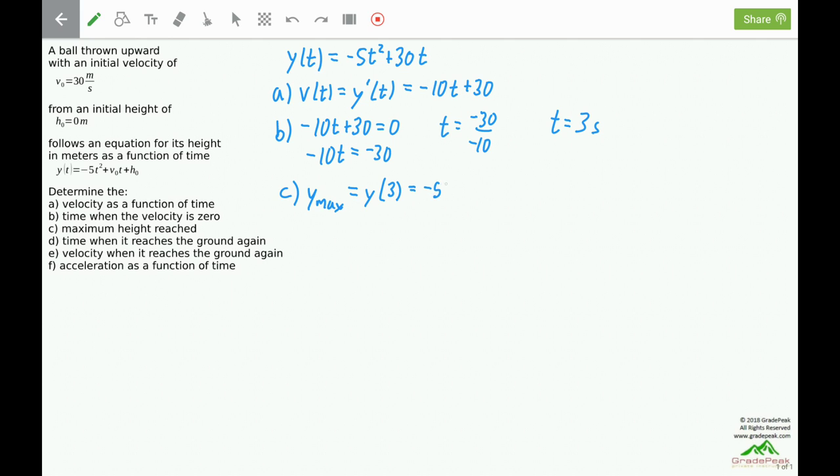And that will be negative 5 times 3 squared plus 30 times 3 if we plug it into the position function. And we will have negative 5 times 9 plus 30 times 3, which is 90. And negative 5 times 9 is negative 45 plus the 90 works out to a positive 45. Our units here are meters, so it will reach a maximum height of 45 meters.